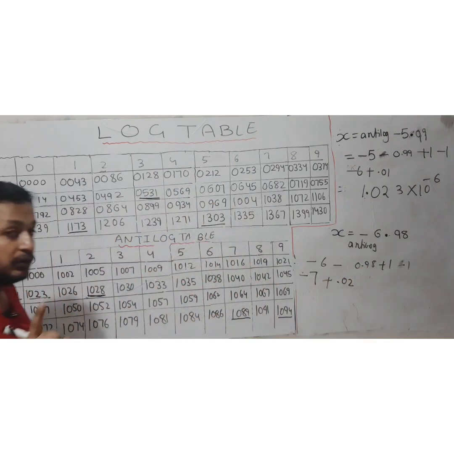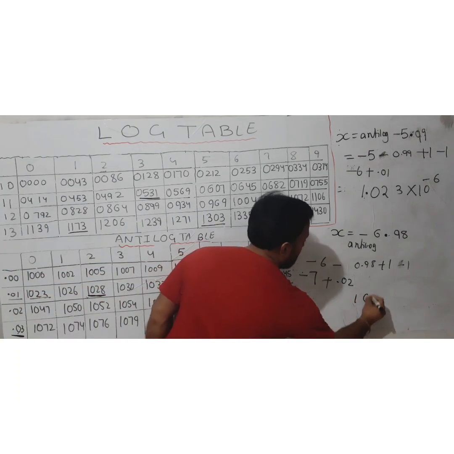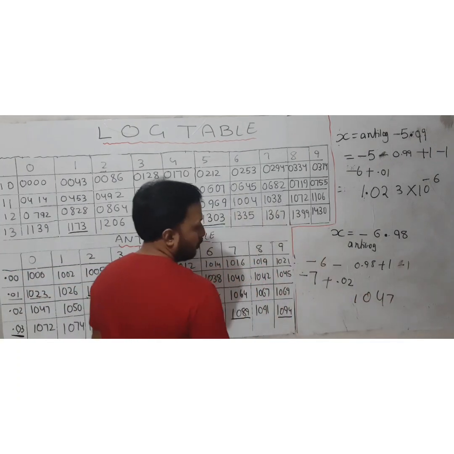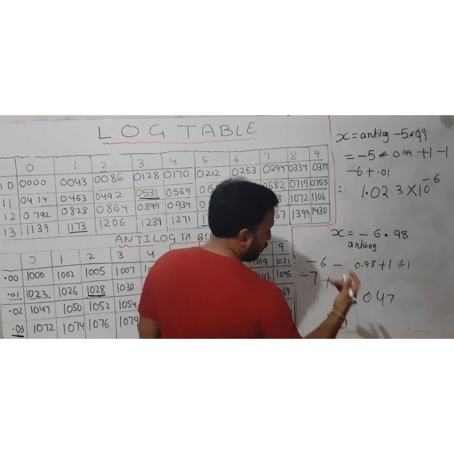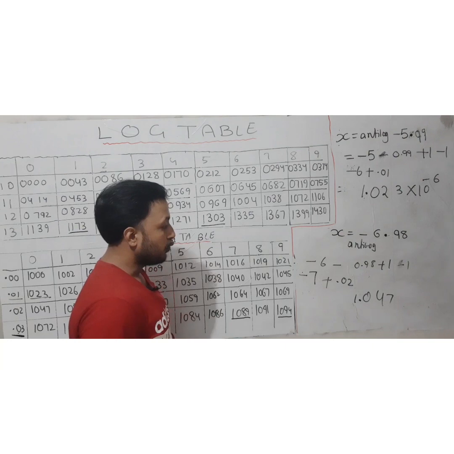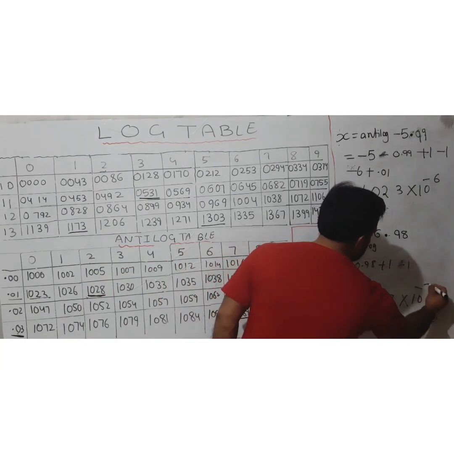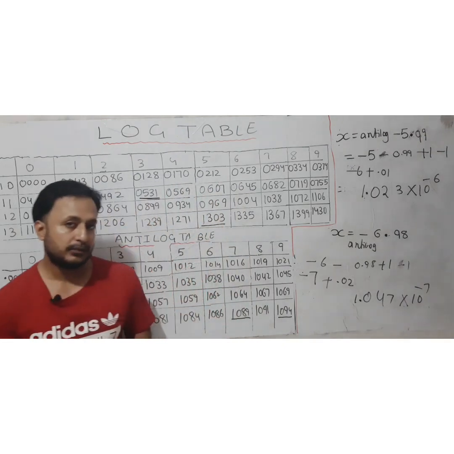So we have to see the antilog of 0.02. 0.02 in 0 only, because there is no other digit, so it becomes 1047. I am writing it here: 1047. Before the decimal there is no digit, so 0 plus 1 becomes 1. So after the 1 place we can put the decimal. Then minus 7 is there, so it becomes 10 raised to the power minus 7. So like that we can calculate.